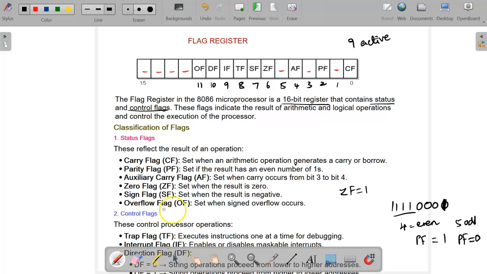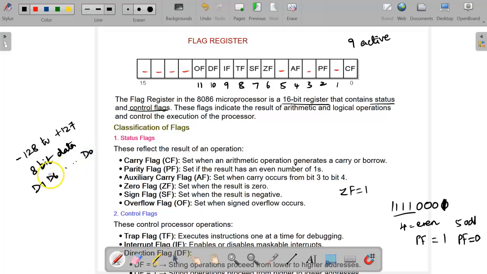Then the overflow flag occurs whenever we have signed numbers. For example, with 8-bit numbers, the signed numbers range from minus 128 to plus 127. For 8-bit data we have D7, D6 up to D0.